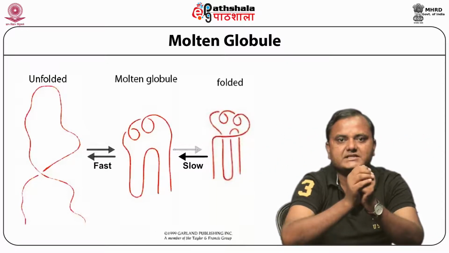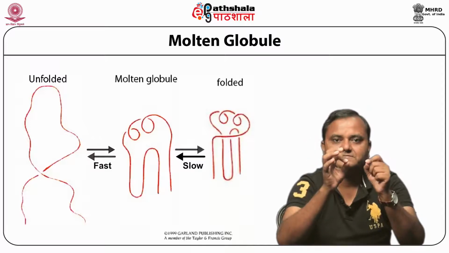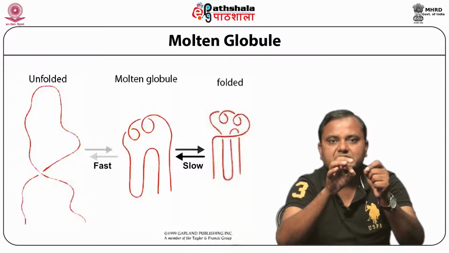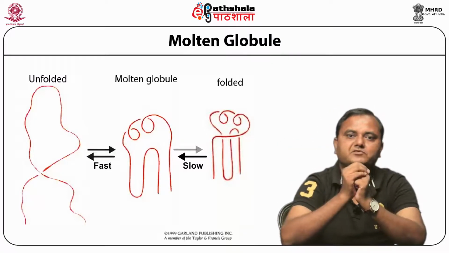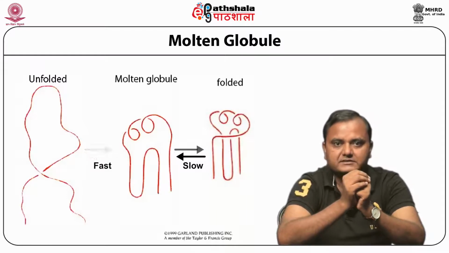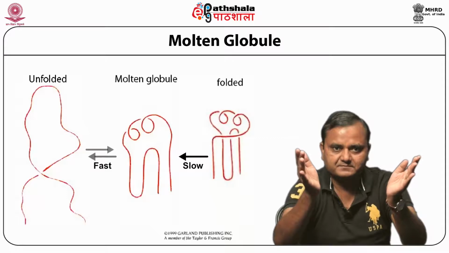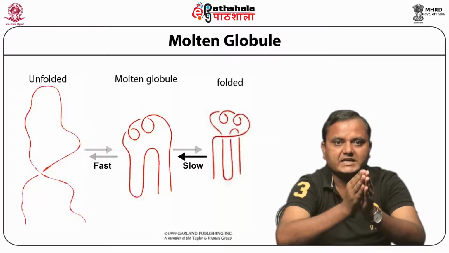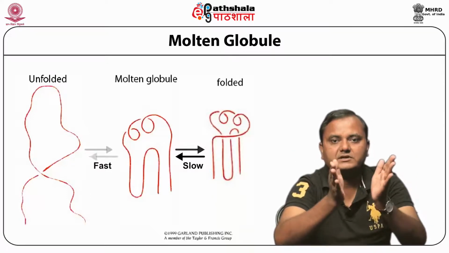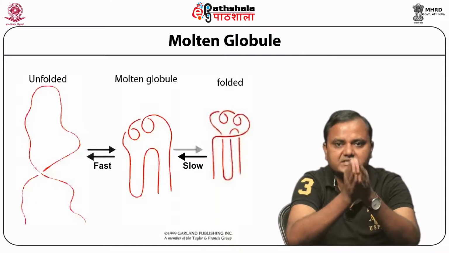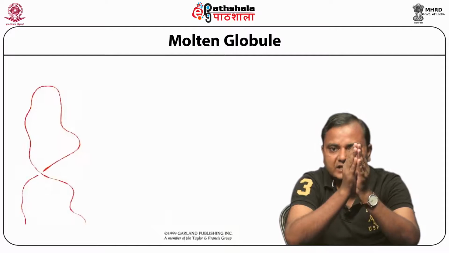The molten globule state has characteristic features: it is slightly, 5 to 15%, larger than the native conformation of the protein, and it has a significant amount of secondary structure. However, the side chains are still not ordered or packed properly, and the structural fluctuation is much larger, not thermodynamically very stable.